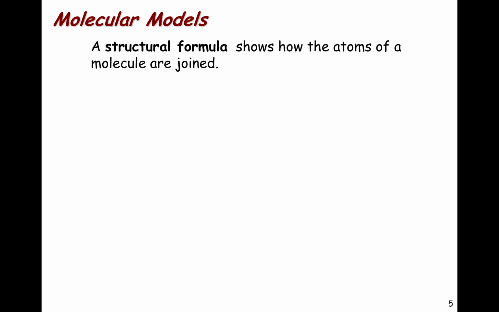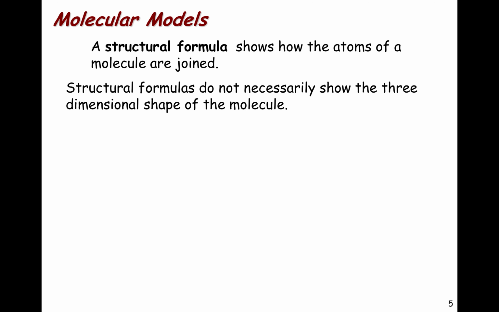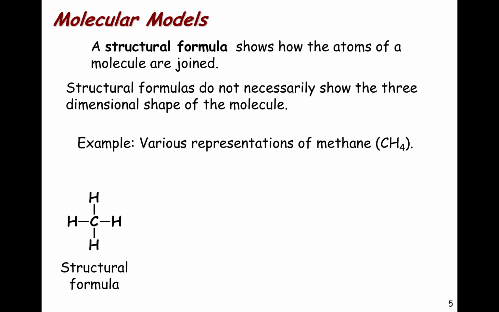We also have other ways to write formulas to give further information about how the atoms are attached to one another to form the molecular unit. So sometimes you will encounter these so-called structural formulas. A structural formula is necessary to give an idea of how the atoms are attached, but also can give further information about the three-dimensional shape of the molecule.